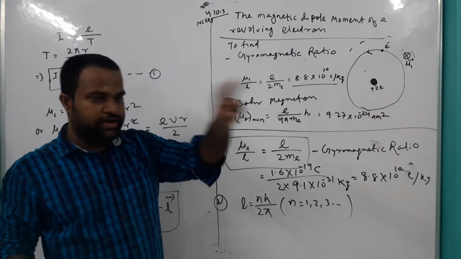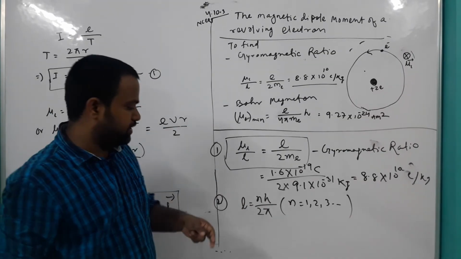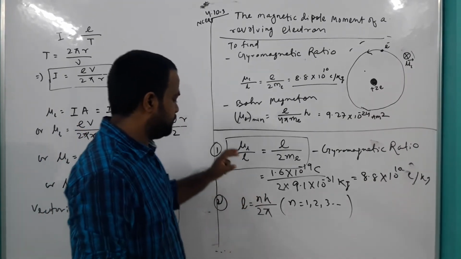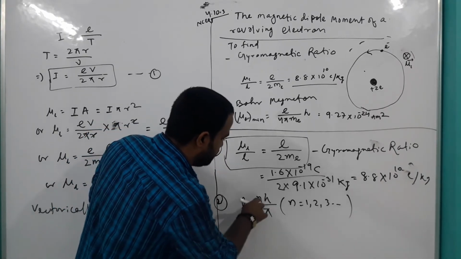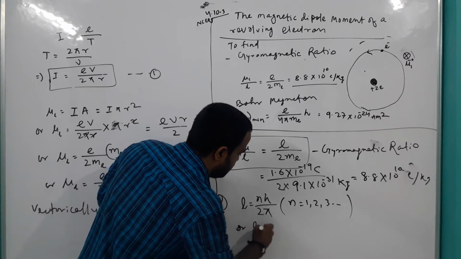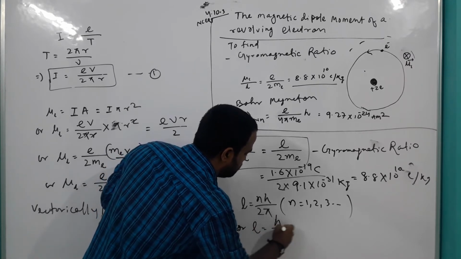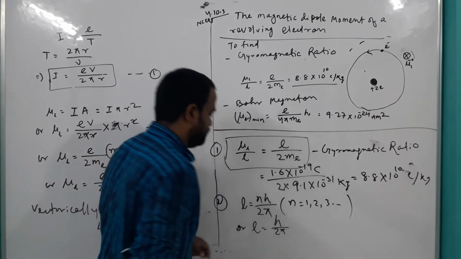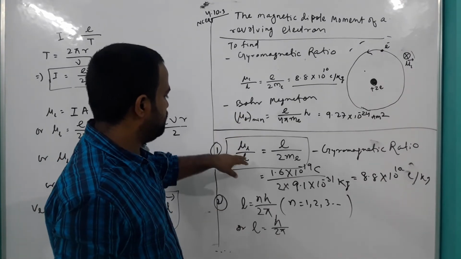So you will quantize the orbits, different orbits you will get. So putting for first orbit, for n is equal to 1, you will get L is equal to h upon 2 pi.